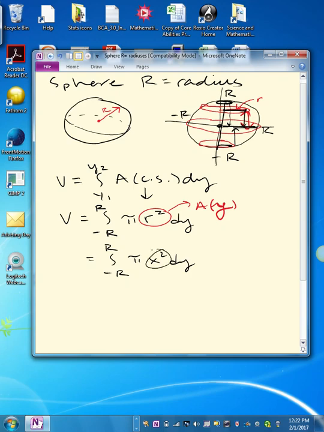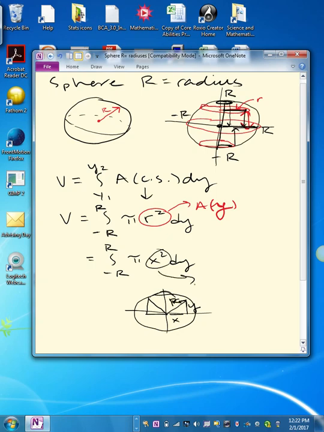Still a problem, but as I take a look, I can find a really nice relationship between x and y. I'm just going to grab my circle here. My circle has radius R. So if I choose an x and a y, I can do the same over here. I can say that x squared, with the Pythagorean theorem, plus y squared is equal to that fixed radius that I'm going out to, capital R squared.